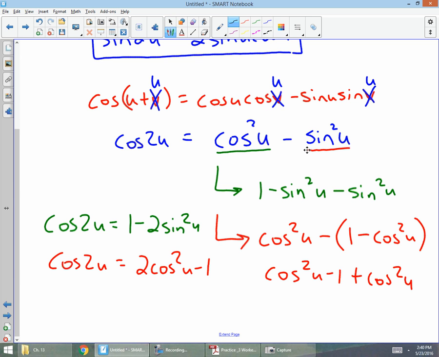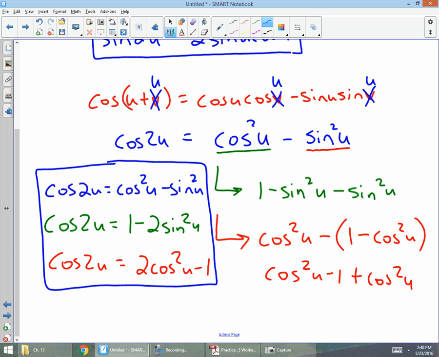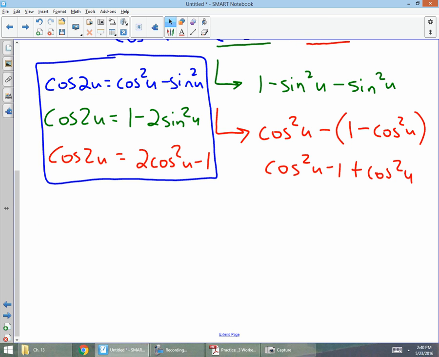But don't forget, over here in blue, you had the original one that everything is built from, and that was the cosine of 2u equals the cosine of u squared minus the sine of u squared. So those are the 3 versions of cosine using the Pythagorean identities that we did before.